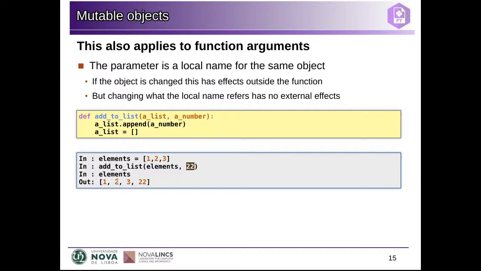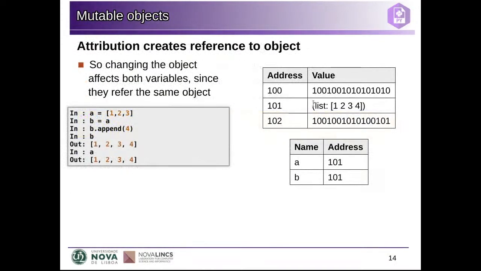What happens in this case is that elements will now have 22 added, because in this line, this variable, a_list, was referring to the same object as this variable elements. So a_list and elements are names that are living in different universes, because one is inside the function, the other is outside, but they are both pointing to the same list in memory.